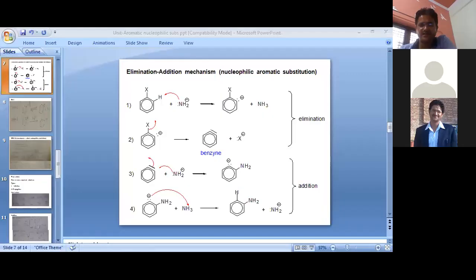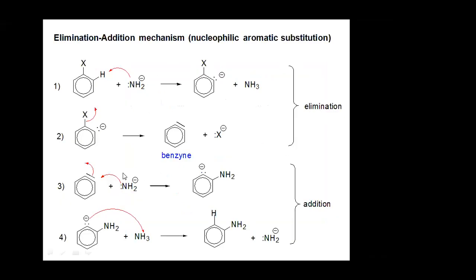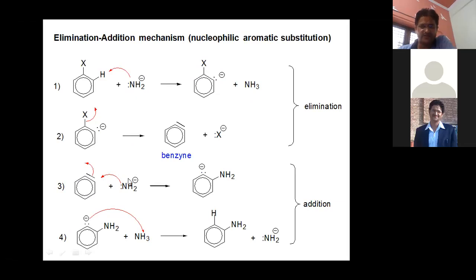Now after elimination, what about the next step? The next is addition. So it is called addition elimination reaction. You can see now this benzyne intermediate reacts with NH2 minus, right?